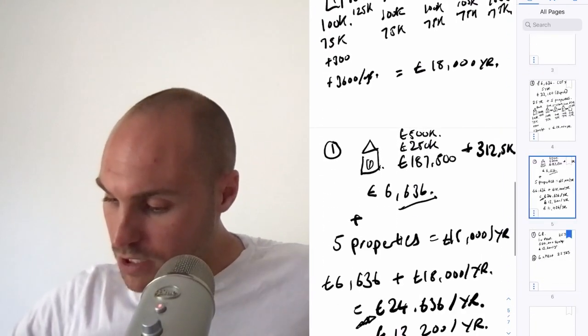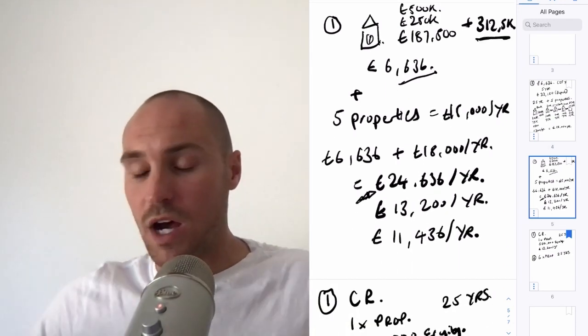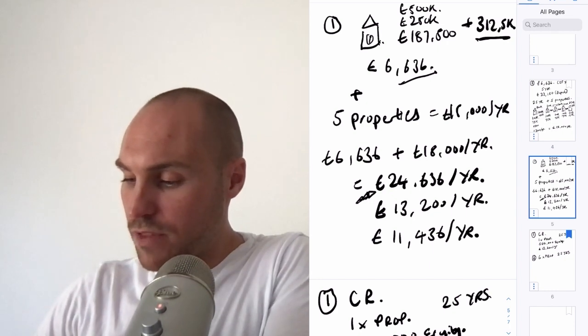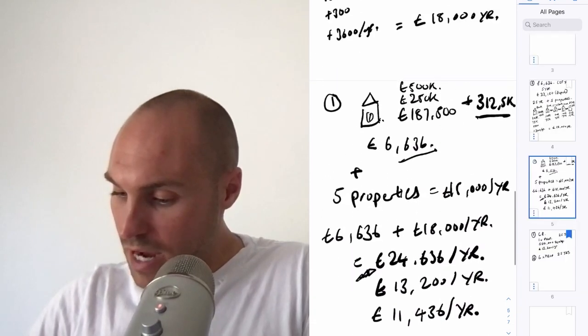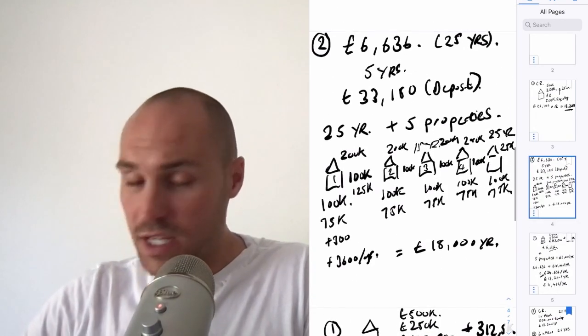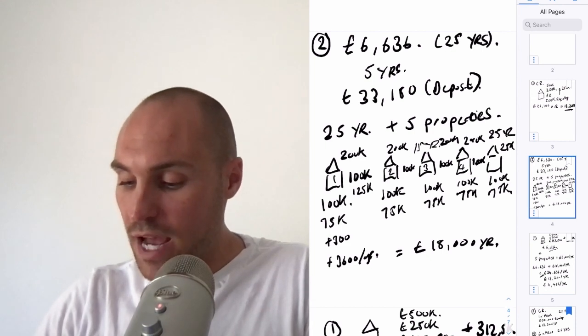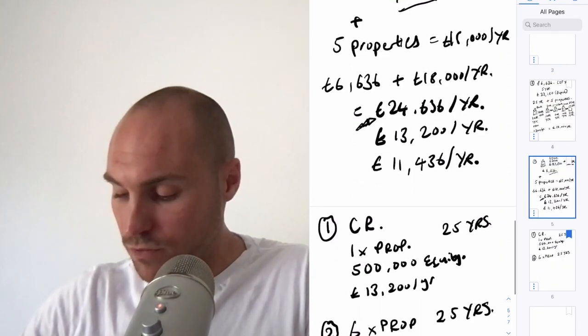The first property here had 312.5k of equity. So we take £312,500 of equity, plus the equity from these 5 properties that we bought additionally, which had £525,000 of equity across those 5.